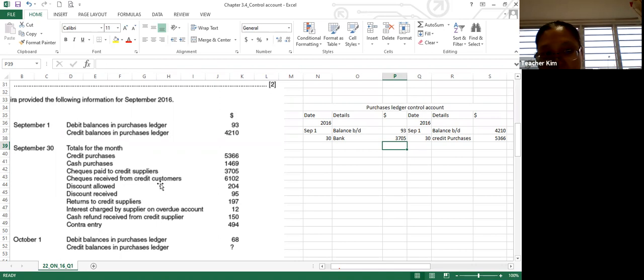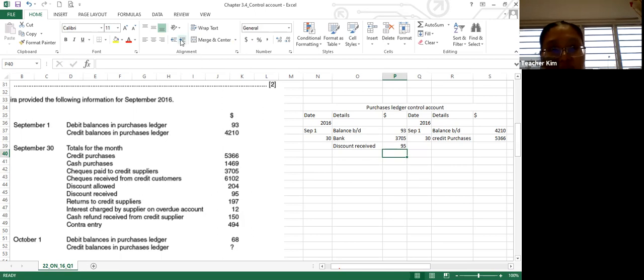It should be under the sales ledger control account, but they didn't ask for sales ledger, so don't take this amount. Only take supplier. Discount: they have two discounts, also trying to confuse you. This supplier one is discount received, so you have to be careful which account you put it into. This one is 95.